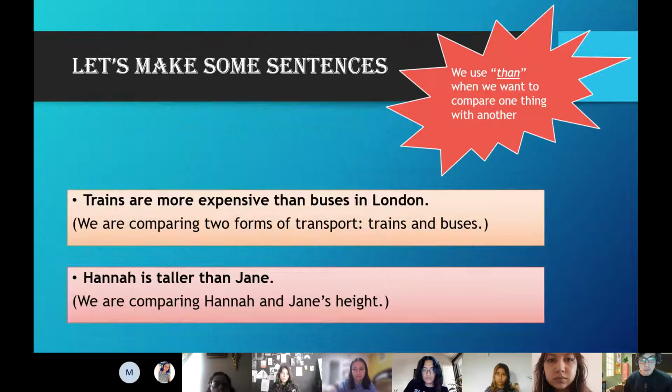Okay, so how do we make some sentences with this? As you can see here, we have two examples. Trains are more expensive than buses in London. Can somebody tell me what word do you think is new in this sentence? Let's see, Mr. David, can you tell me which word do you think is new in this sentence?